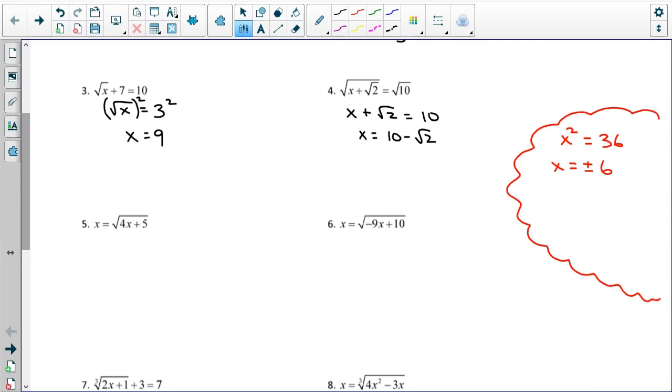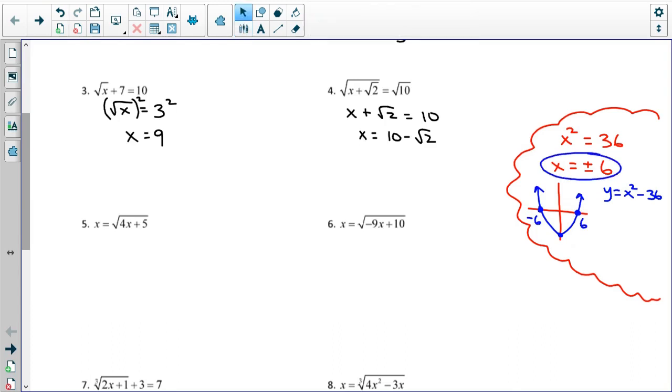That is because if I have x squared equals 36, if I graphed that, that's the same thing as graphing y equals x squared minus 36. So it's a vertical shift of negative 36. And what I end up with is two x-intercepts at negative 6 and 6. That's where these answers come from.